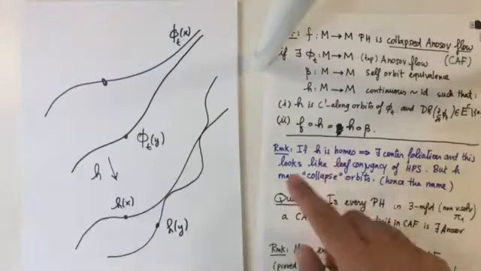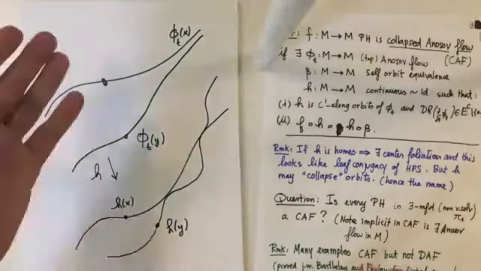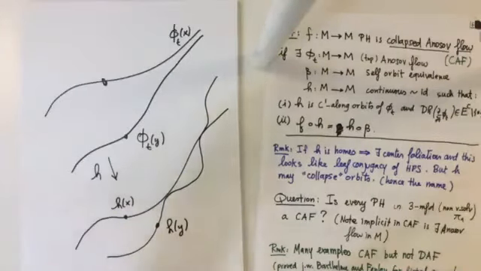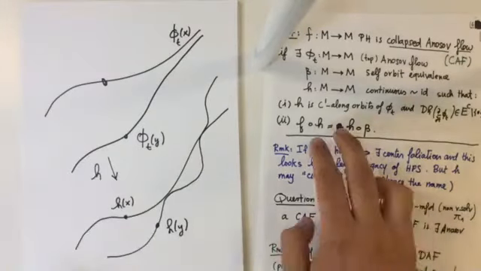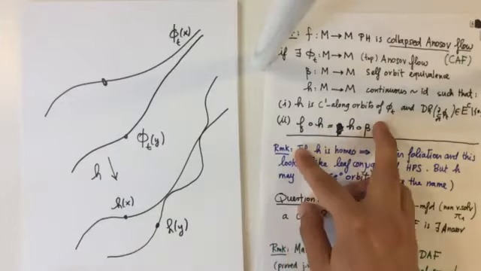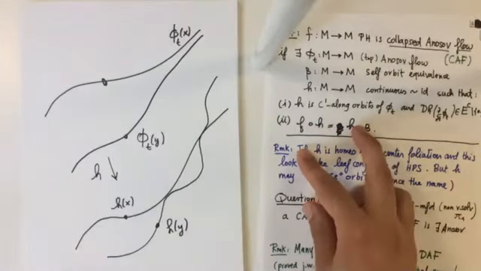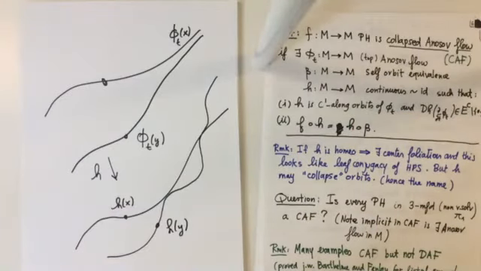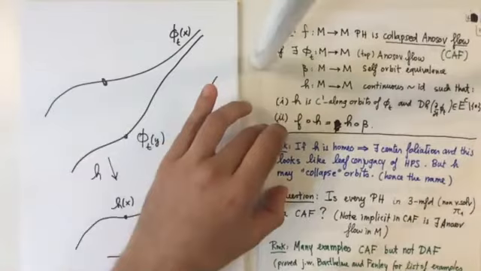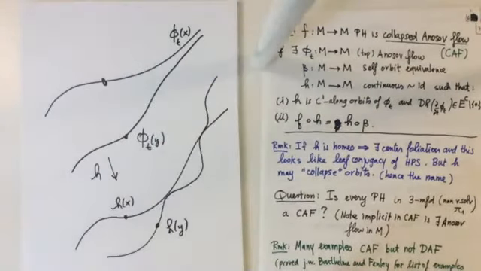It could collapse the curves, but at least it will describe a large part of the curves tangent to the central direction. And you can recover information from the dynamics by using the knowledge you may have about the dynamics of the self-orbit equivalence. Okay, I made a remark here. If h is a homeomorphism, then this is exactly like leaf conjugacy in Hirsch-Pugh-Shub, but in general, we cannot expect that. And so we allow h to collapse some of the orbits of the Anosov flow.